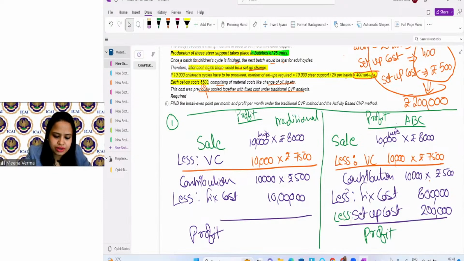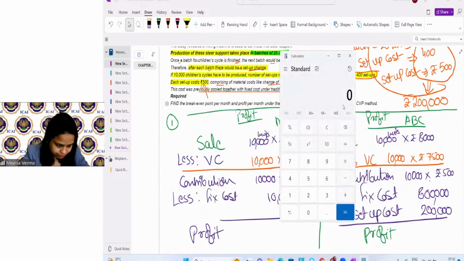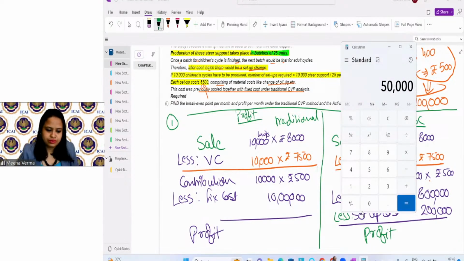So what is it coming? So I have 5 minus 40 lakh.